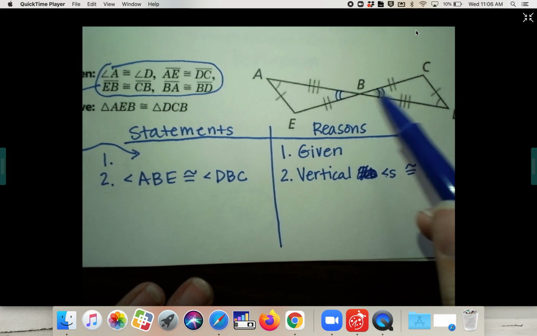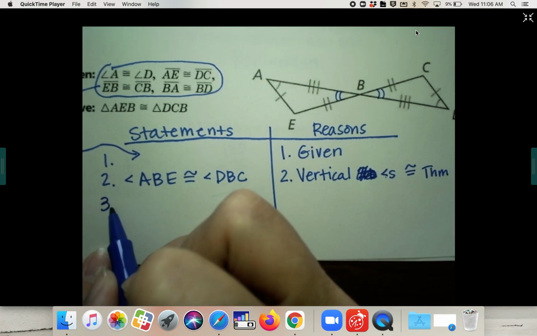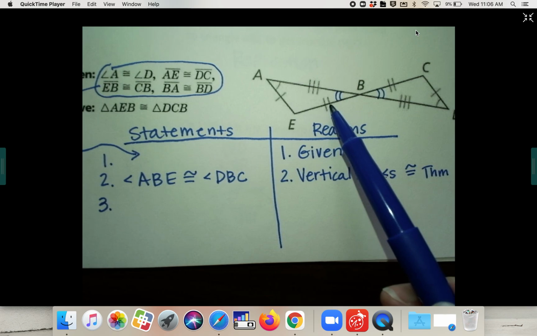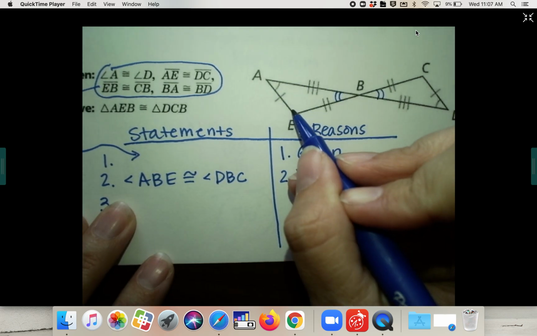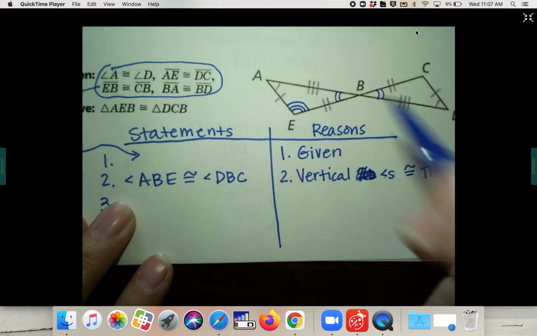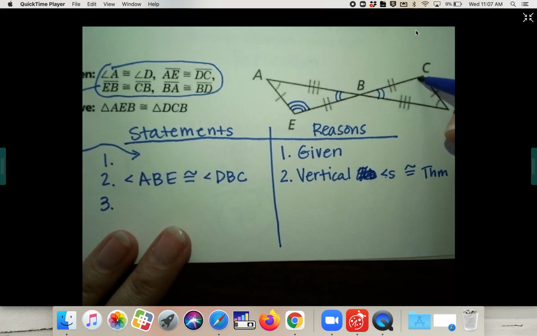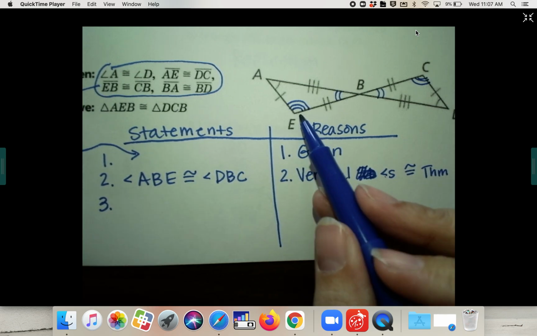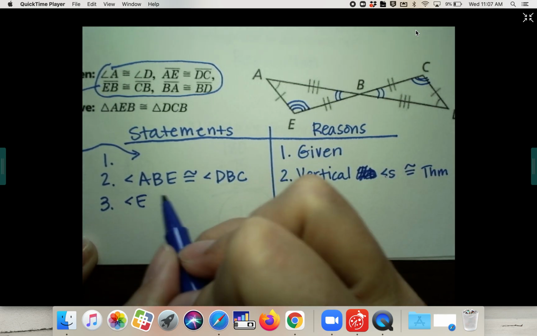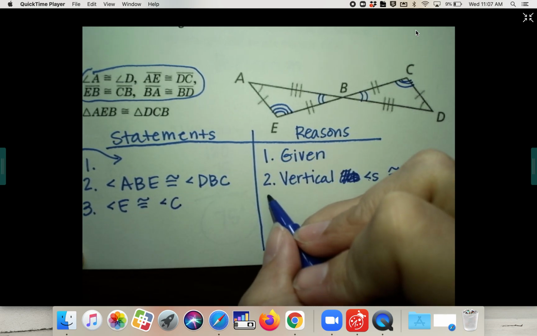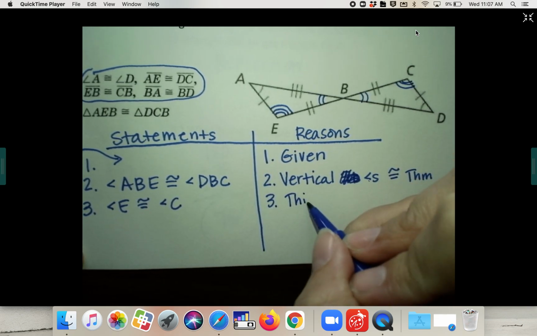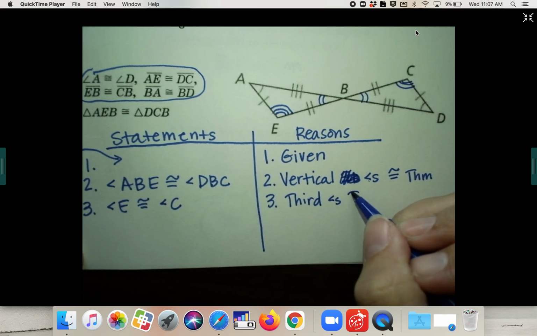All right, and I've marked it up so we can see. We're almost done. We've got all 3 sides and we've got 2 of the 3 angles. So that leaves our third angle, which we learned today is the third angles theorem. So we have angle E is congruent to angle C by the third angles theorem.